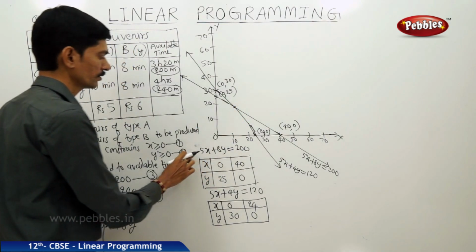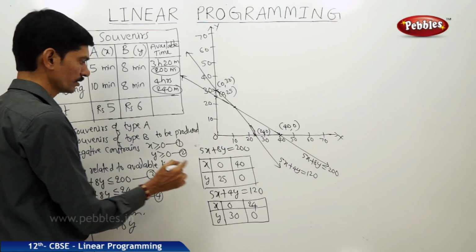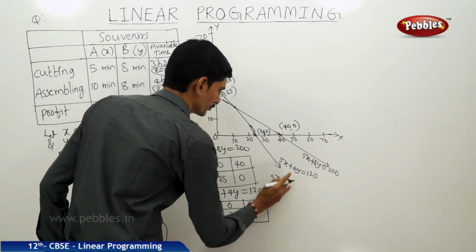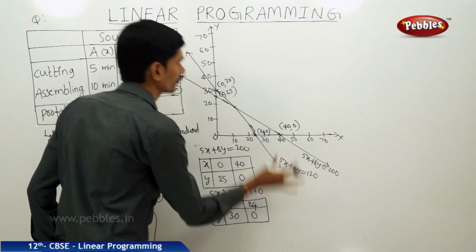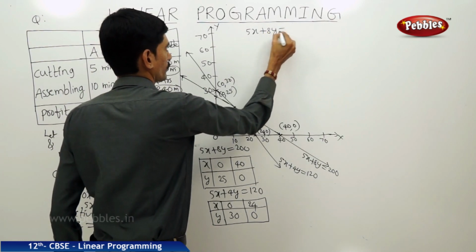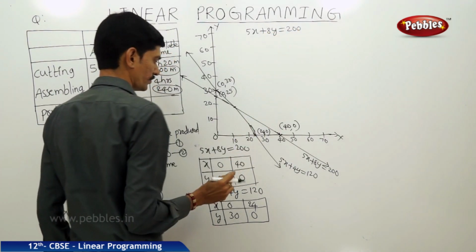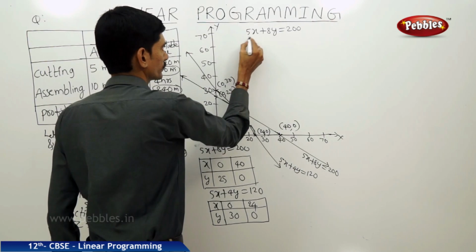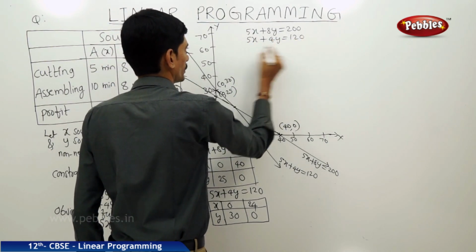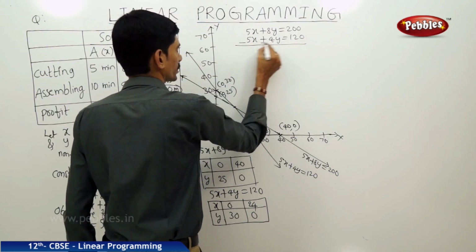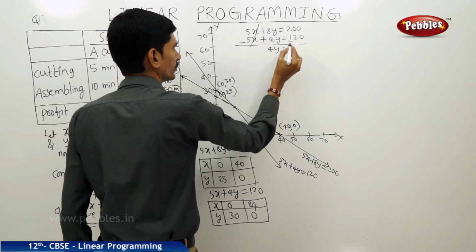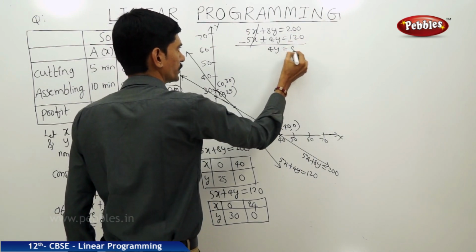Now let us find the point of intersection of these two lines. So for that we will solve these two equations. 5x plus 8y equal to 200, and 5x plus 4y equal to 120. Subtract: 8y minus 4y, 4y equal to 200 minus 120, 80.